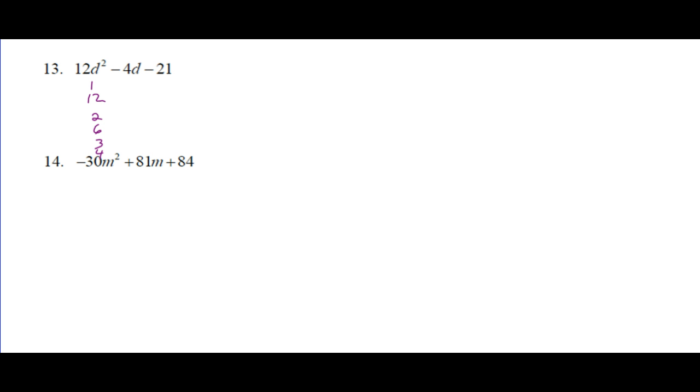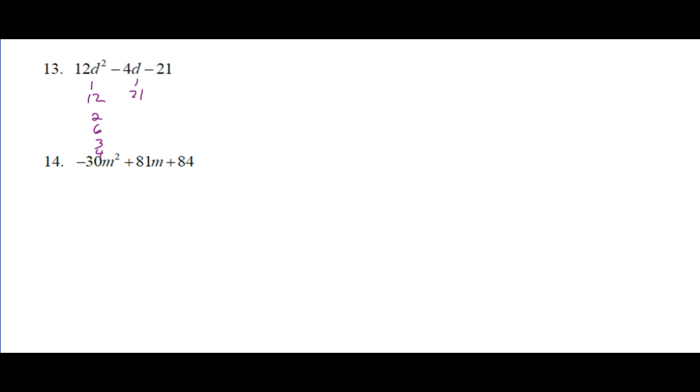How can we factor 21? 1 and 21. Remember, systematic. You're always going to start with 1 and 21 and then 3 and 7, right? Okay. So I know that the 1 and the 12 could go with 1 and 21 in one of two fashions, right?